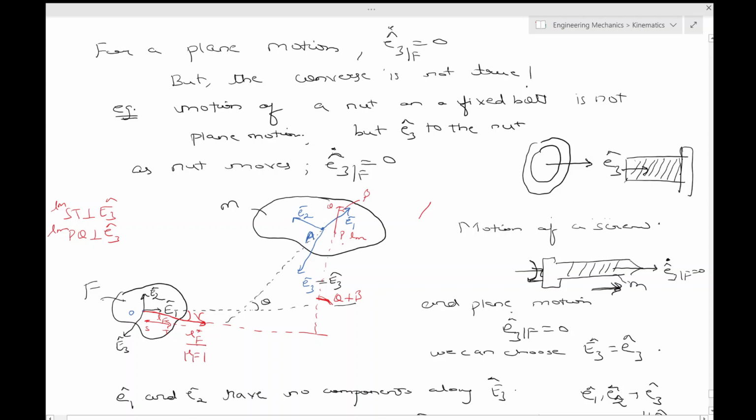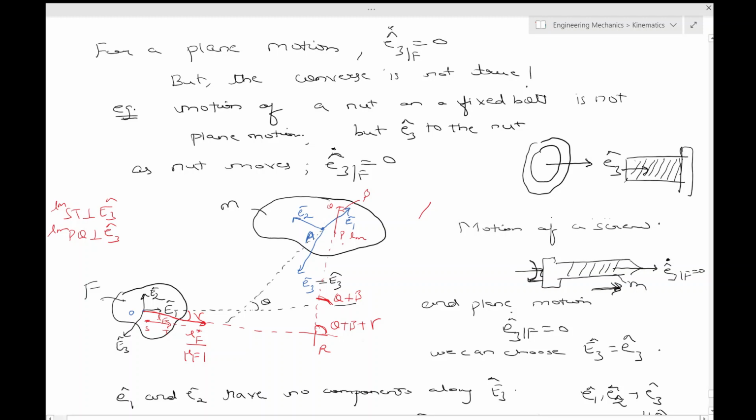It's a unit vector in this direction, and hence this meets at this point R, and this angle is theta plus beta plus gamma. Okay, so you should be able to check why this particular angle for this geometry should be theta plus beta plus gamma. Again, theta dot is definitely the rate of rotation of e1 with respect to E1. It is also the rate of rotation of line LM with respect to E3.